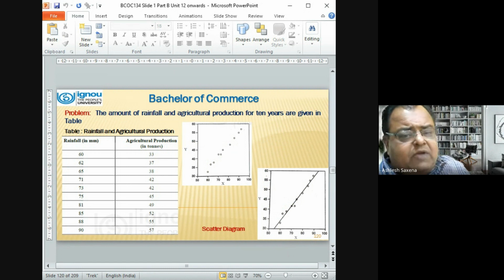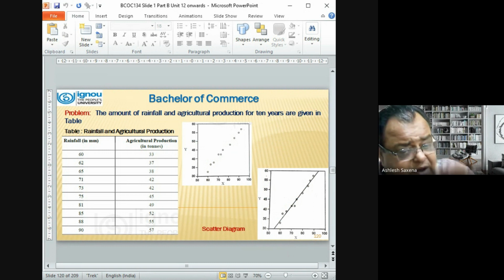Rainfall is taken on the x-axis and the agricultural production is taken along the y-axis. When we plot these, we will be plotting 60, 30, 60 and 33 on a graph. Then 62 and 37, 65, 38, 71, 42. Similarly, till 90, 57, all these points will be plotted.